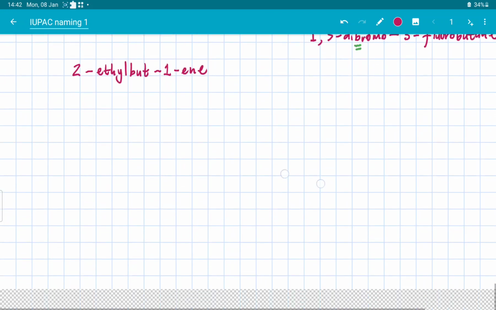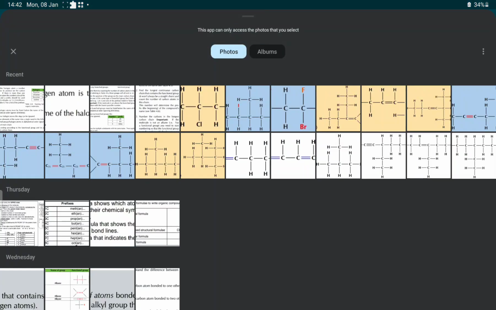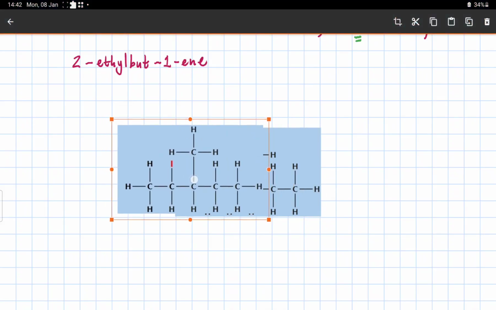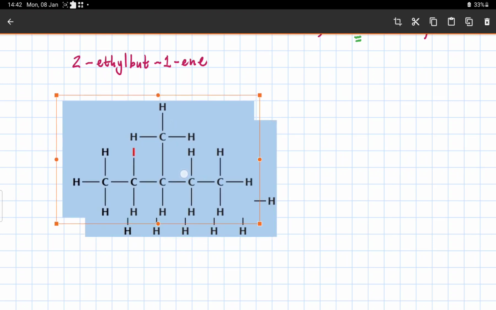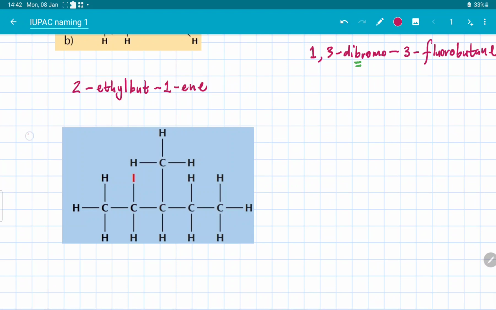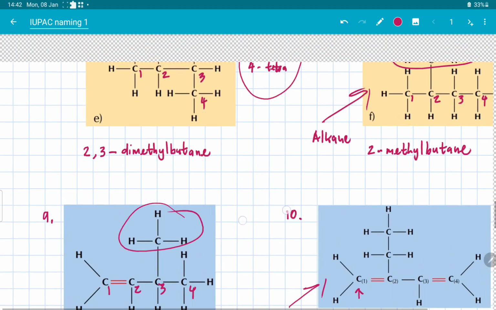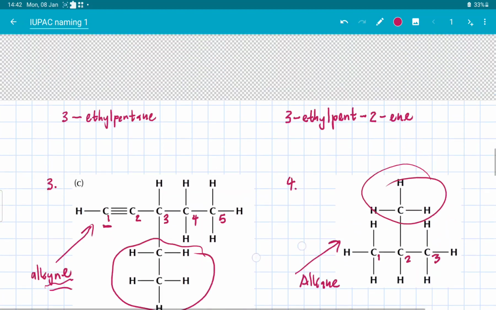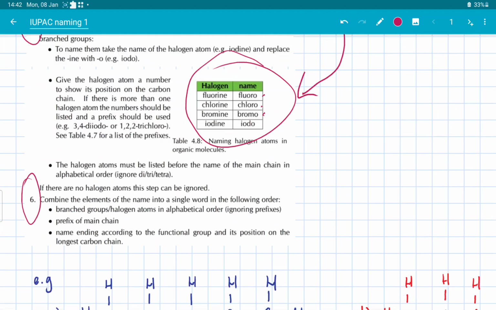Let's try another one. Let me check 16. So this is example 17. Let me go back. Read another rule. That part is very important.